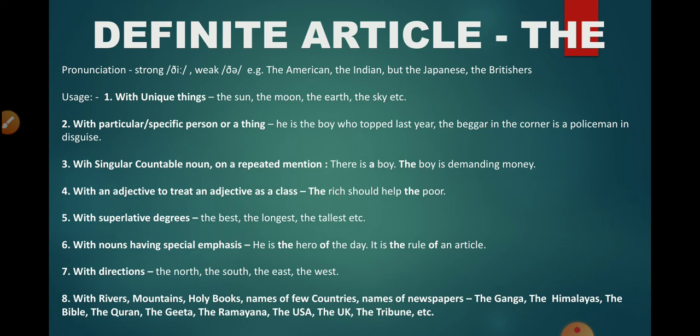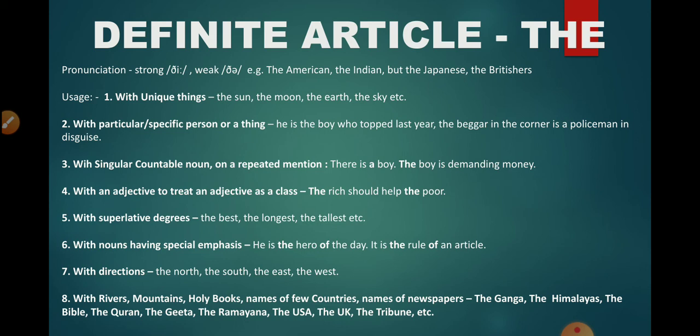So the second use, or its second rule, is with a particular or specific person or thing. We use the definite article when some common noun, the common name of a person or a thing, is used in a specific or particular sense. For example, he's the boy who topped last year.